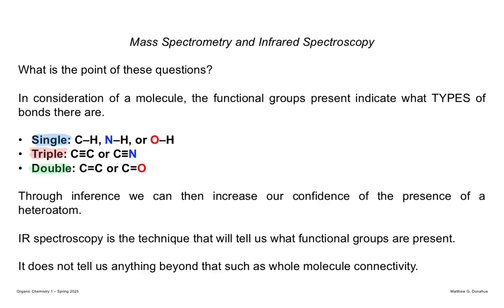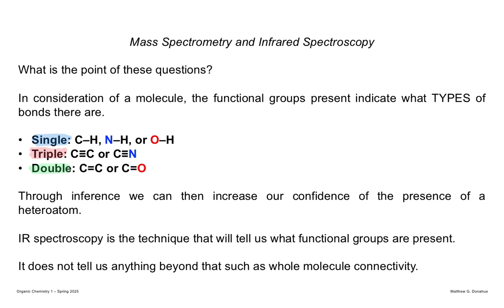So what is the point of all these questions? Basically, the way we went through them, we were looking at the different bonding patterns of the functional groups that we've learned so far. And they're presented to you in the order of reading the spectrum from left to right.